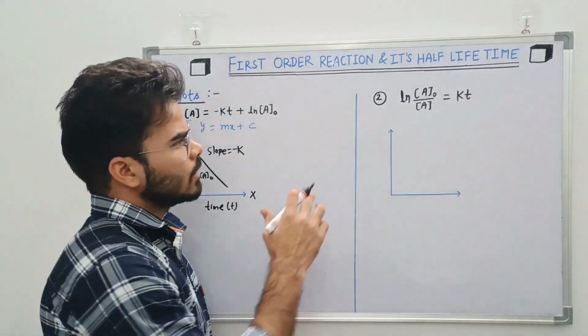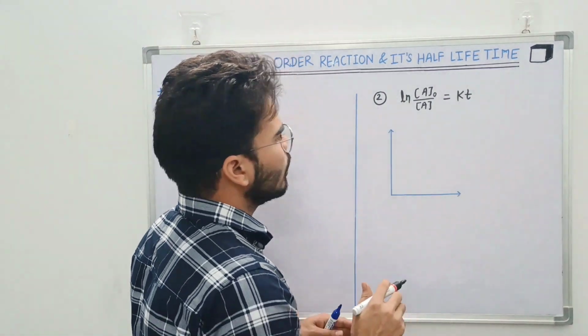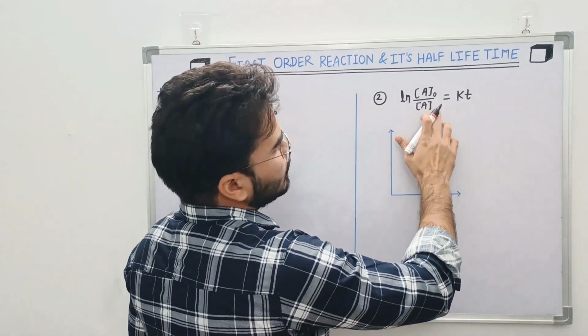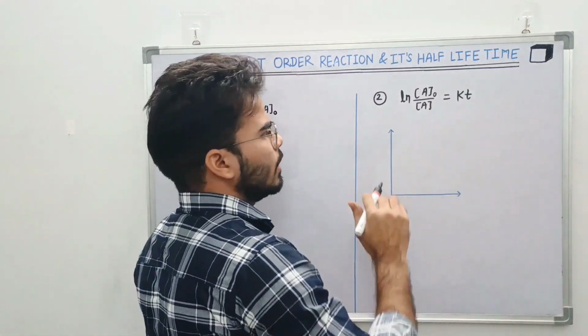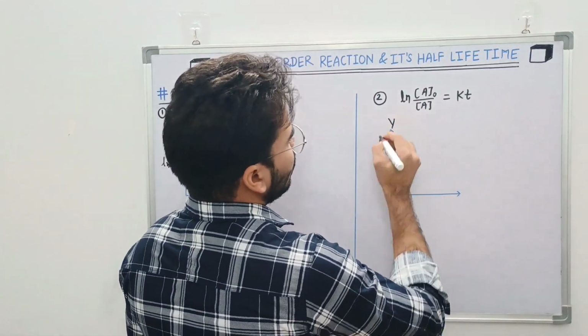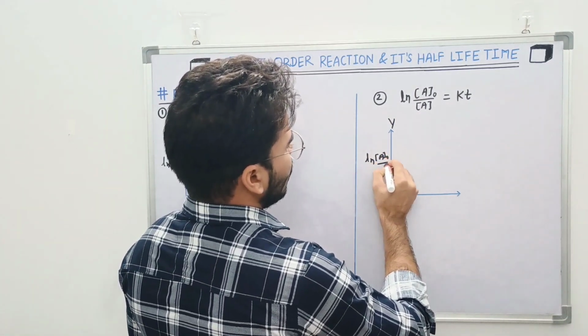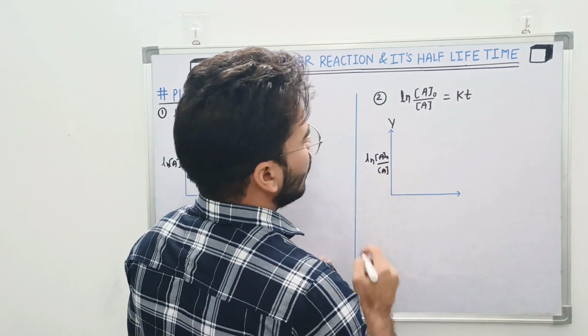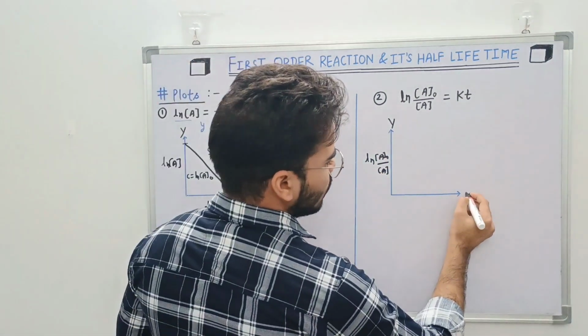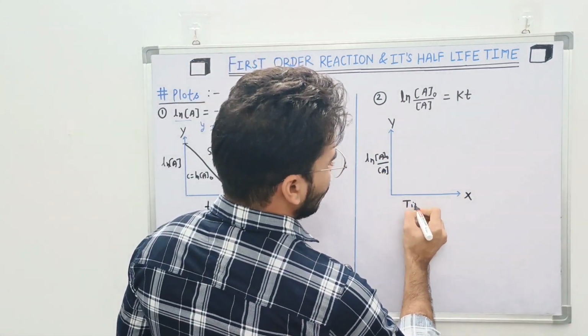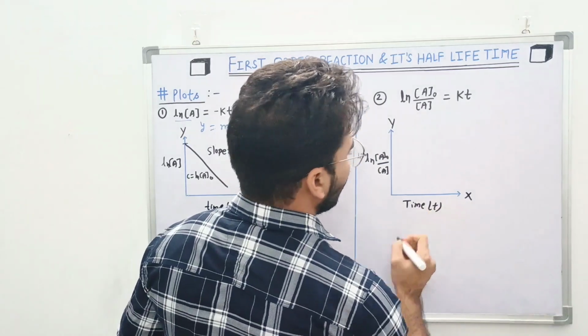Now let's take the second case. We want to plot a graph between ln a0 upon a and time t. So our y axis is ln a0 upon a and the x axis is time t.